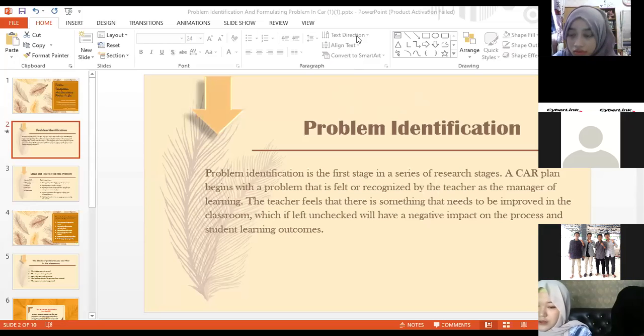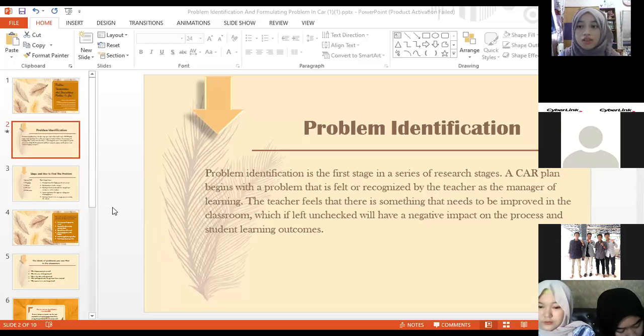Problem identification also deals with the process of choosing several kinds of problems that happen in our classroom, and then we try to choose the most important problem that we need to provide a solution for as soon as possible.